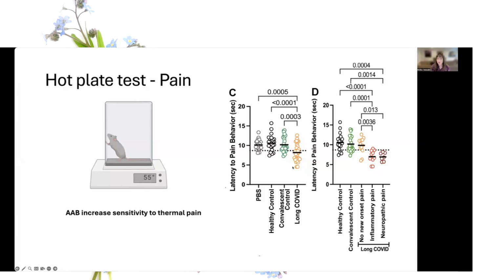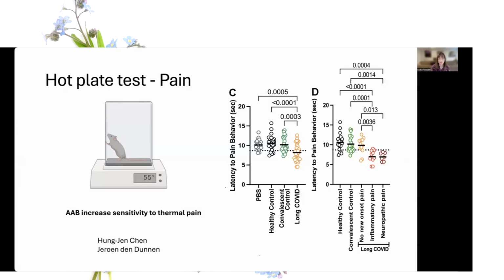And so when you break down the patients with long COVID into those that reported no new onset pain versus those that reported inflammatory pain versus neuropathic pain, it's the people who are reporting chronic pain whose IgG is capable of conferring this heightened thermal sensitivity behavior in mice. So there seems to be a direct correlation between people reporting pain and their IgG inducing this thermal pain.